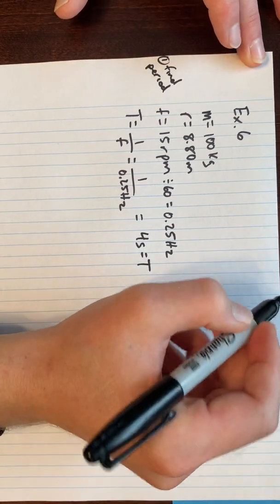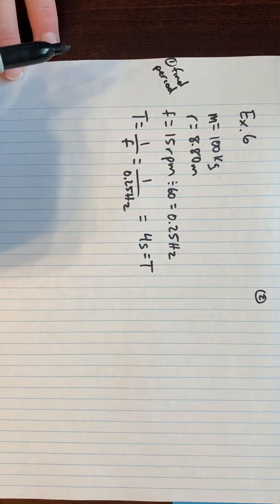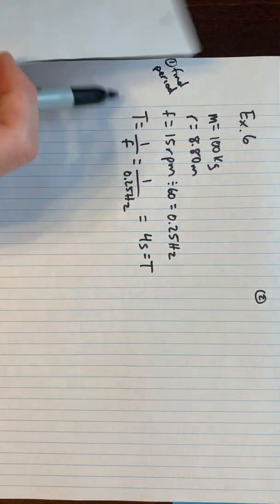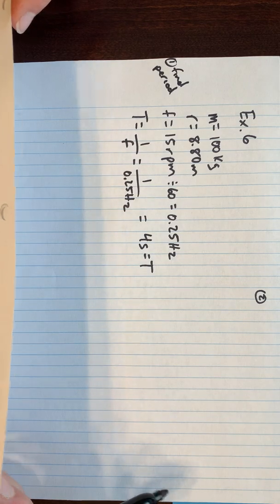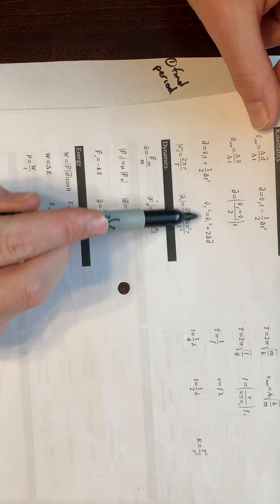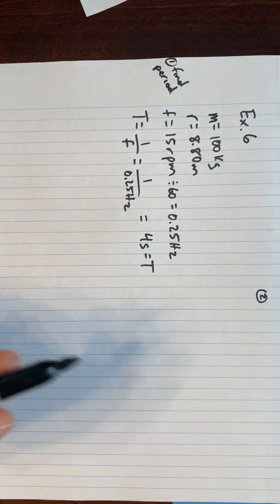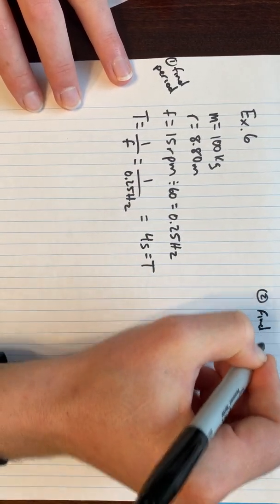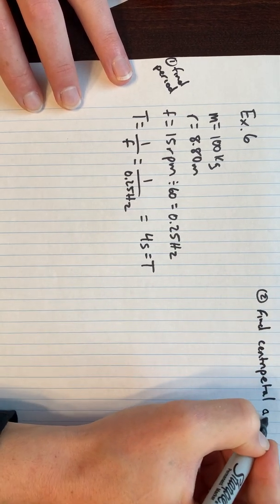Second thing we need to do, so now that we know the T, we know the mass, and we know the radius. So we'll get out our formula sheet here. We know the radius and the period. So now we can find the centripetal acceleration. So step 2 is find centripetal acceleration.